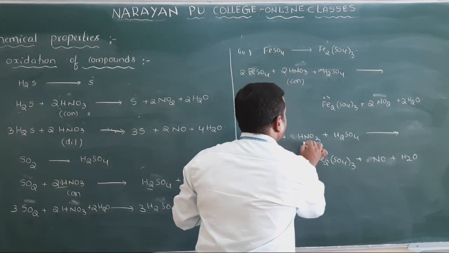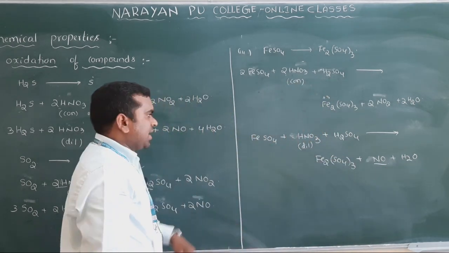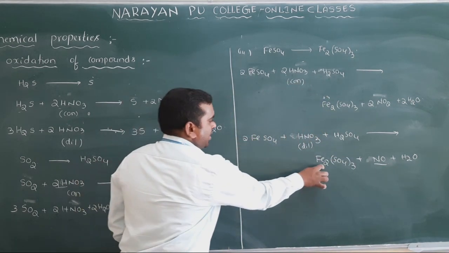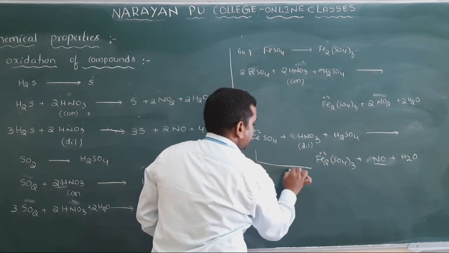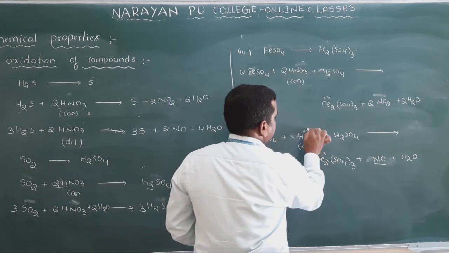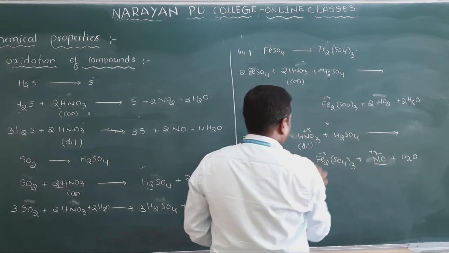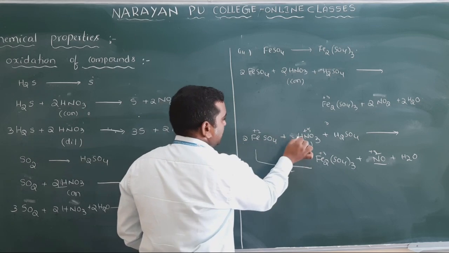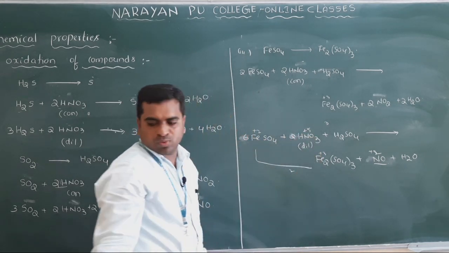Concentrate means here NO2 will be there. Dilute means you will get NO. Clear? Balance this equation also, and here 2 irons are there, plus 2 here, plus 3 here. How many units increased here? 2 units increased here, and this is plus 5 and this is plus 2, how many units decreased here? 3 units. Multiply this one with the 3 and this one with the 2. 3 means it is a 6, it is multiplied with the 2. Clear?